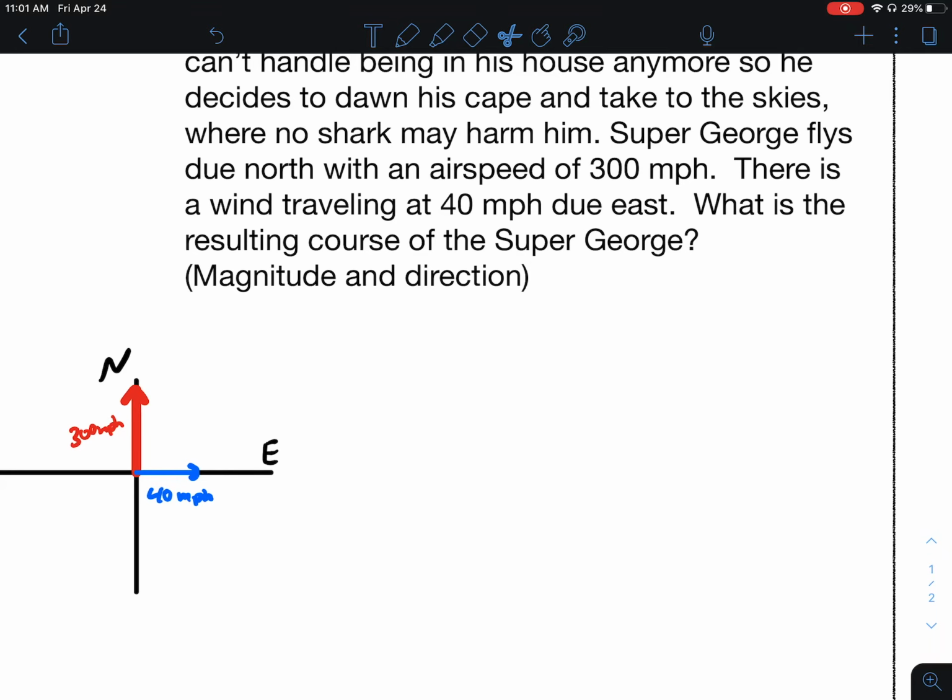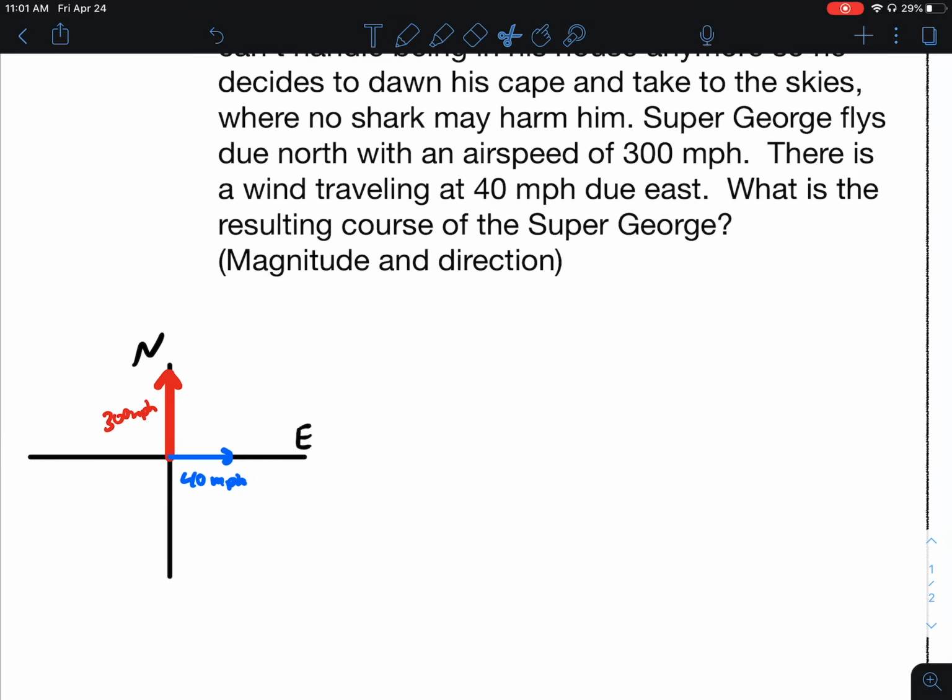So what I would suggest when you do this, if it's possible, is to make a reference triangle with these two vectors. So if I take this 300 miles per hour, I don't want to take the whole thing, I just want to take this part.